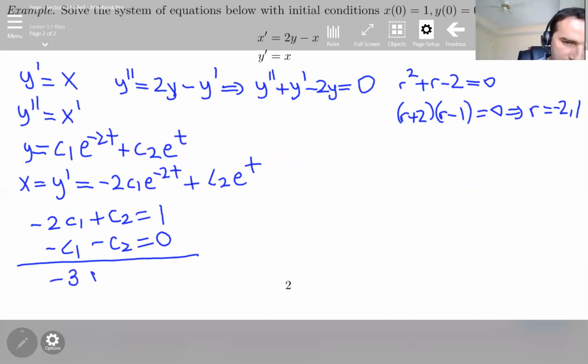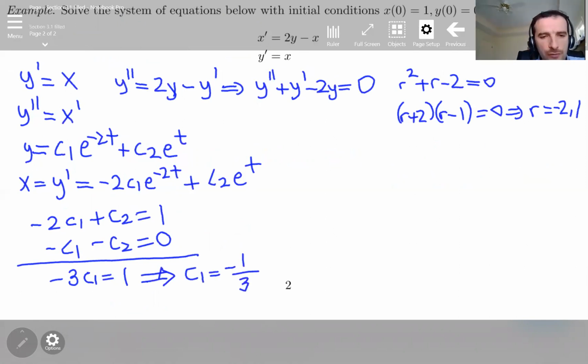Negative 3 c1 is equal to 1. So c1 is equal to negative 1/3. And if you look at the second equation, c2 is just negative c1, so c2 is equal to 1/3.